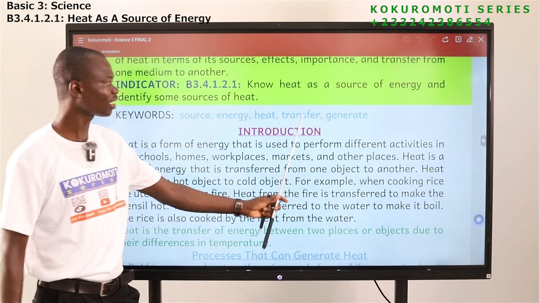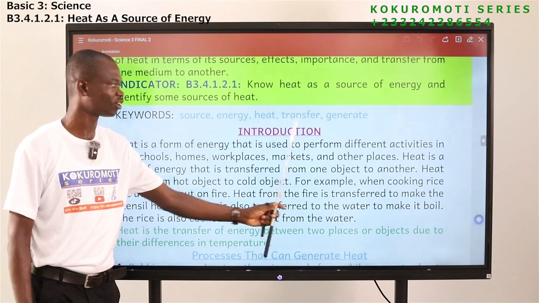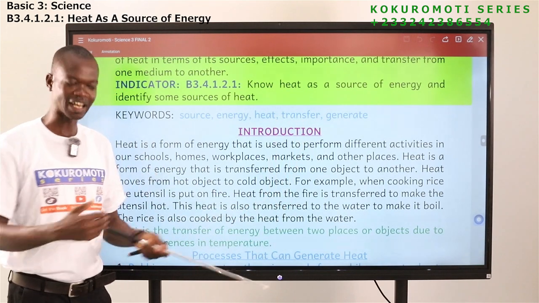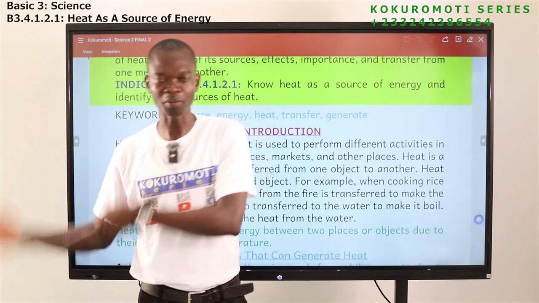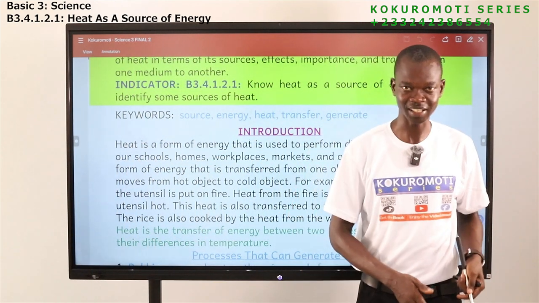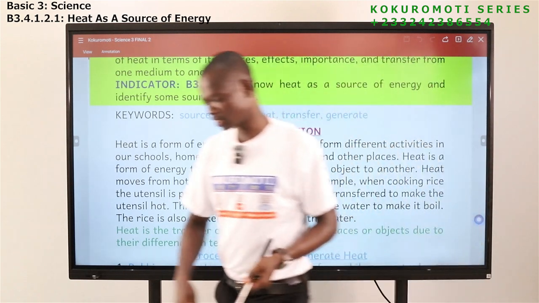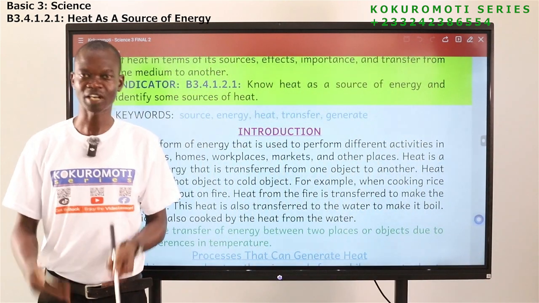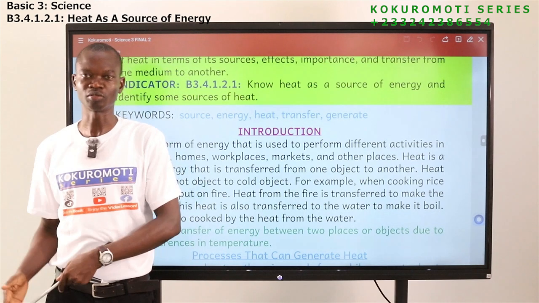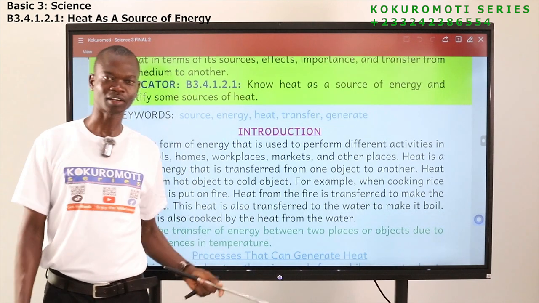The next word is transfer. To transfer means to move something from one place to another place. So if I'm standing here and I move to this place, we can describe it as transfer. Meaning you move from one point to another point.